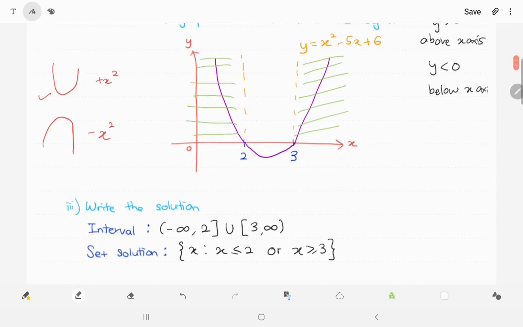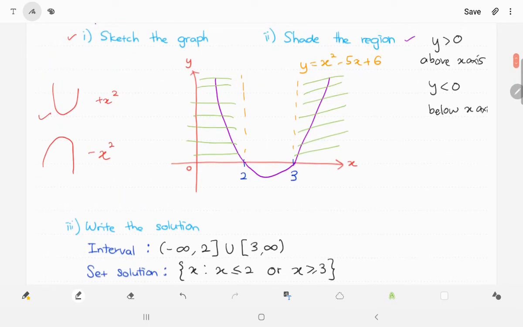Okay, so don't get confused between y greater than 0 and y less than 0. If y is greater than 0, then you need to shade above the x-axis.